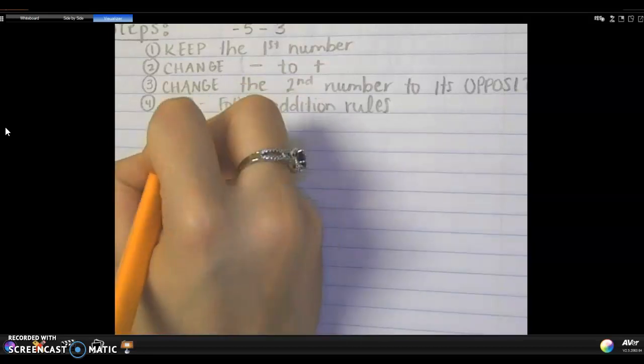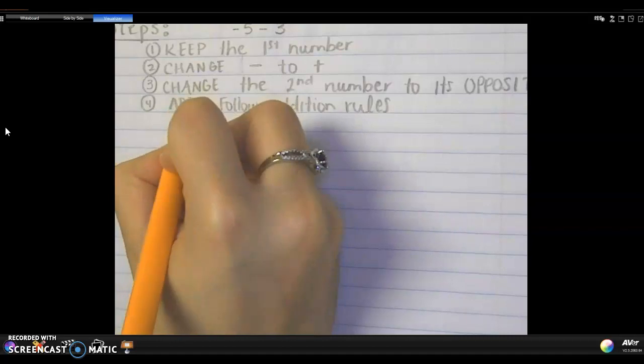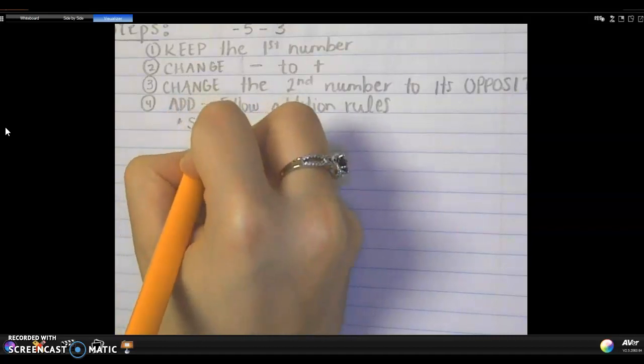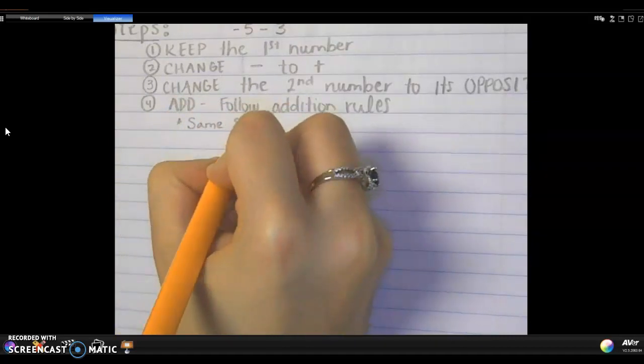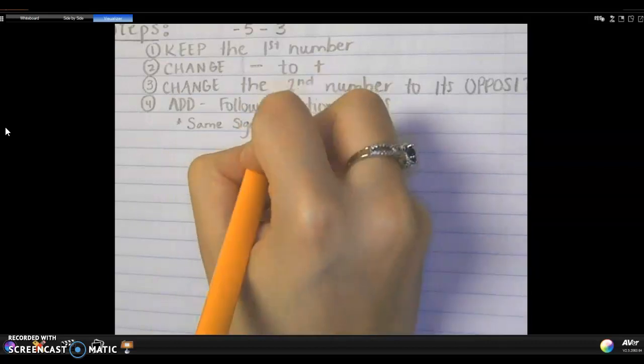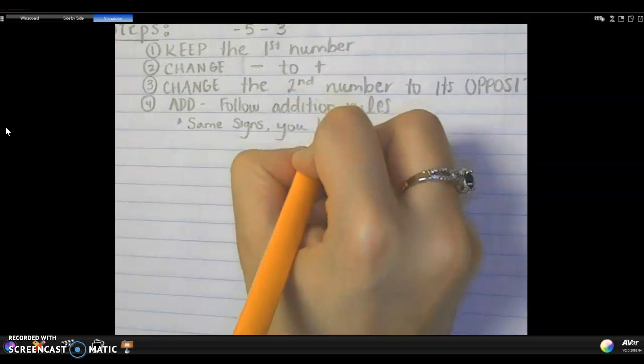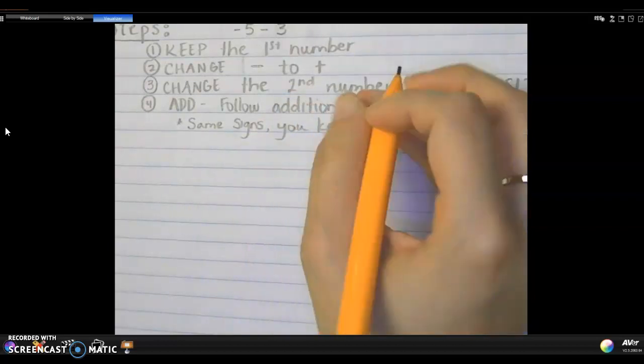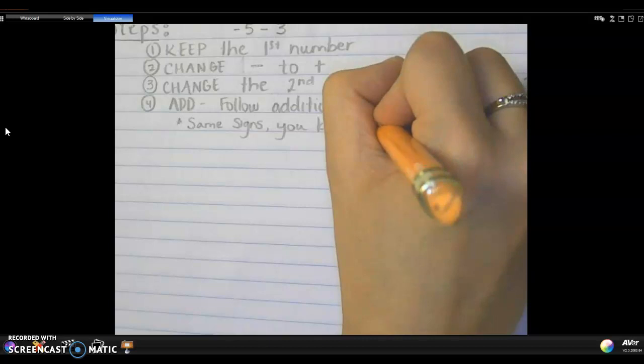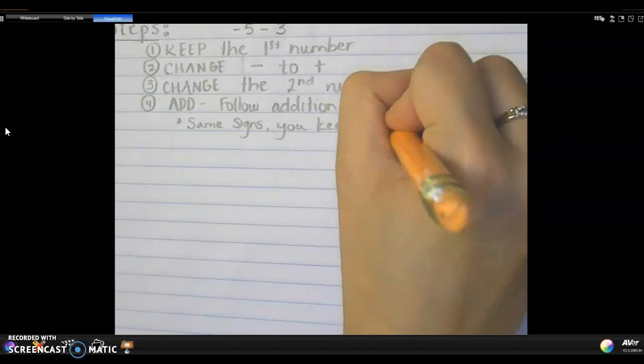So my rules, really quick. If you have the same signs, you keep and add. Just like my song.